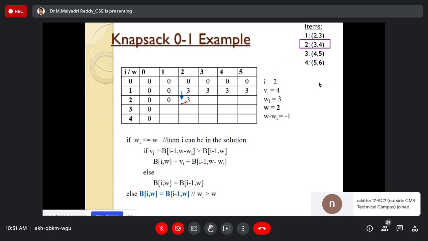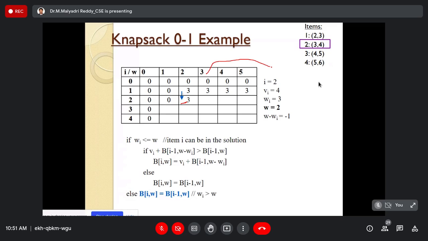Right. Next w is equal to 3, sir. 3 minus 3 is equal to 0, sir. That means you can able to insert that object, right? Yes, sir.